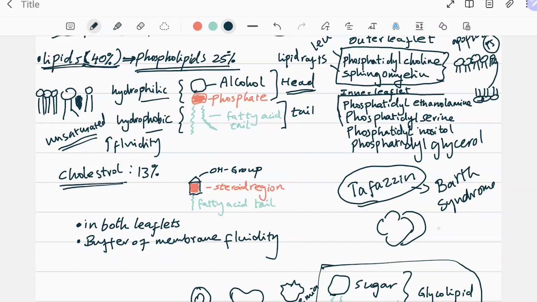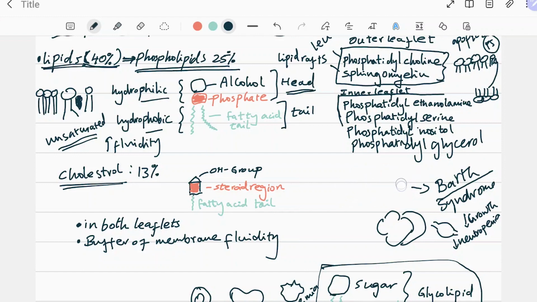So you get weak muscles, reduced growth, and you also have low neutrophils, neutropenia. So dilated cardiomyopathy, weak muscles, low growth, neutropenia. This is called Barth syndrome, B-A-R-T-H syndrome. Okay, be aware of this. It's an X-linked recessive condition and only affects the males.